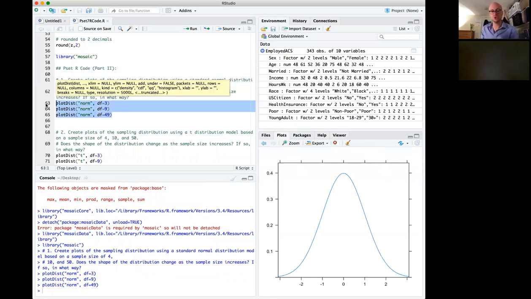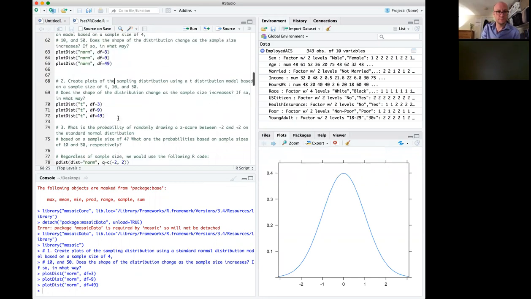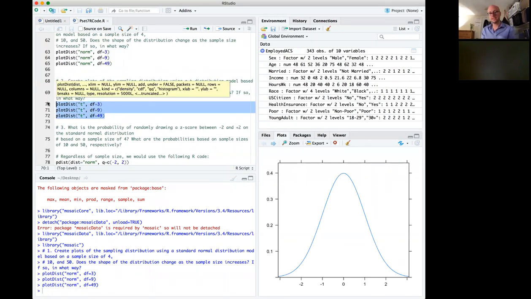I just ran these three right here. This is the normal distribution, right? It's the nice bell curve we have here, but our sample size changed. Do you see any difference here? No. Well, then that's the problem, right? Because if we have a small sample size, we can't apply the normal distribution.